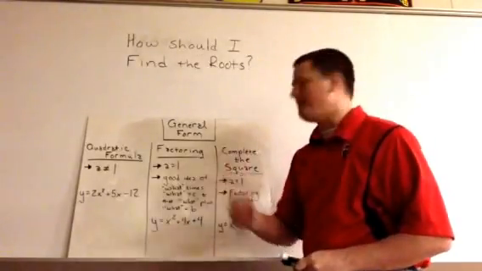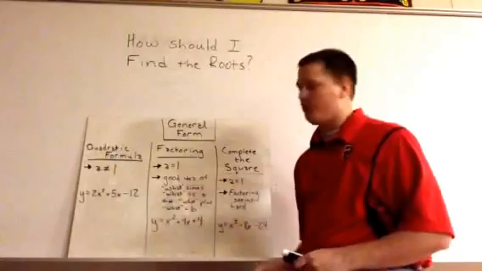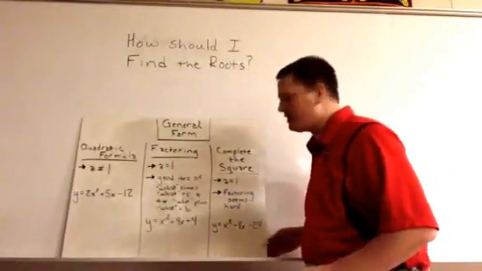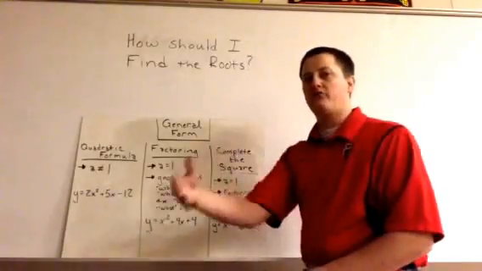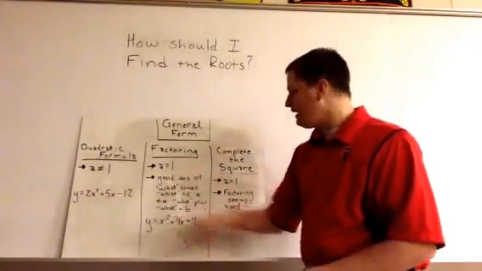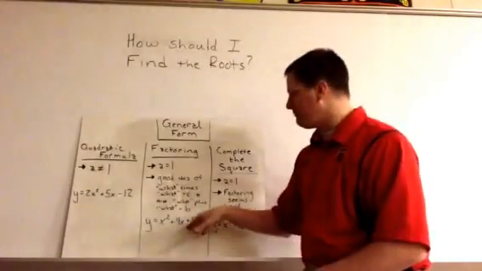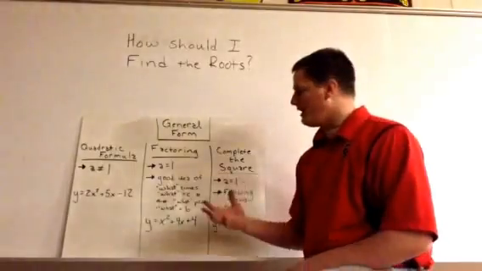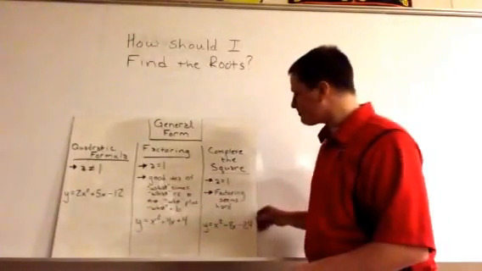I know those off the top of my head. And I can then go, well, what plus what equals b? So I've got a positive 4 here. Well, this is actually a pretty easy one to factor. I can go 2 times 2 equals 4, and 2 plus 2 equals 4. So those two numbers both give me the two numbers I need here. This one's easy to factor, and so I would probably factor this one to work it.